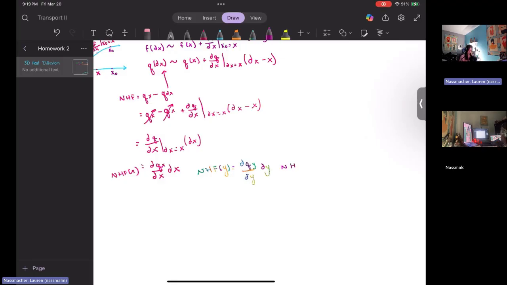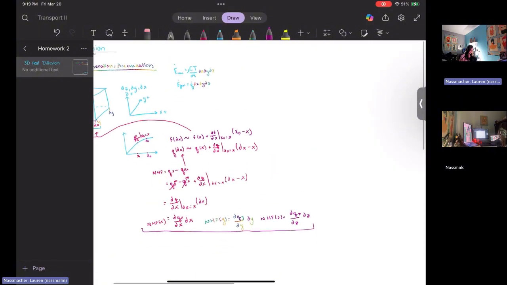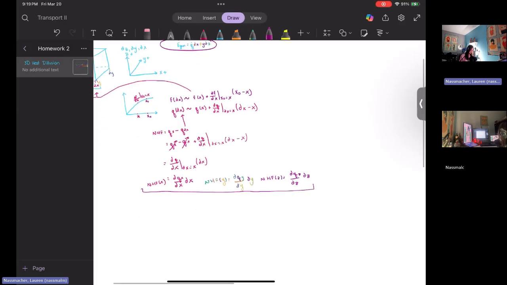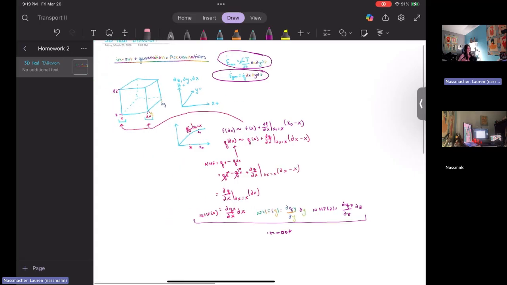So our net heat flow at z is our change in heat flow at z over change in z multiplied by the change in z. Now we have all 3 parts of our conservation of energy equation. We have our energy accumulated, our energy generated, and our energy in minus our energy out. Let's put this into a larger equation that we can then simplify in order to more easily use it.